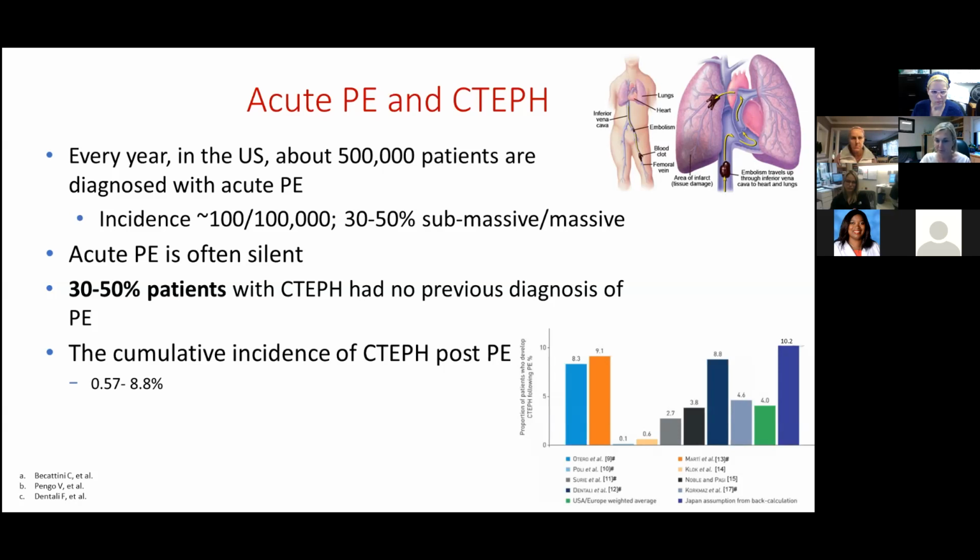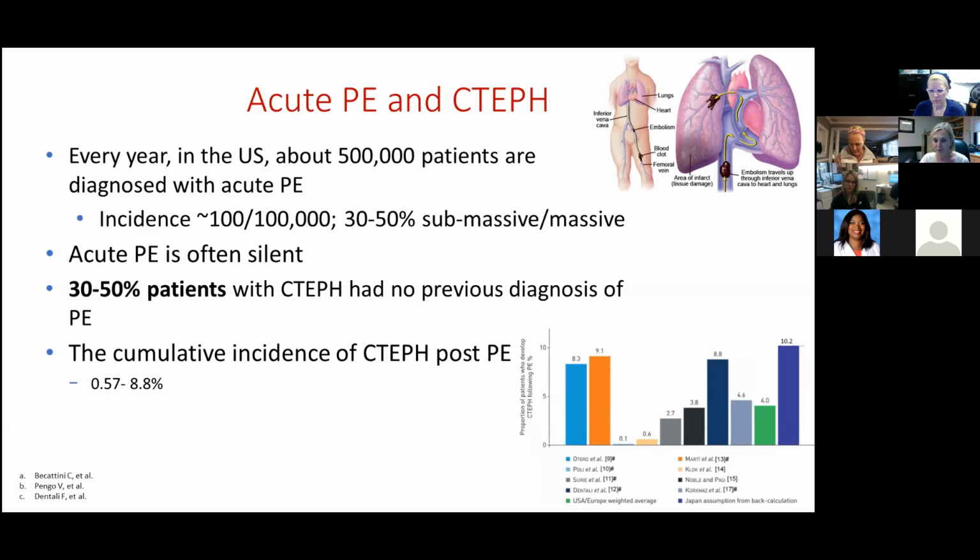So 30 to 50% of patients who are coming in with a diagnosis of CTEPH have no previous diagnosis of either PE or DVT. Doesn't mean that they didn't have it. They may not have been diagnosed, but these are the statistics right now. Cumulative incidence of CTEPH post-PE in the studies has been anywhere between 0.57 to 8.8% at about 2 years out.